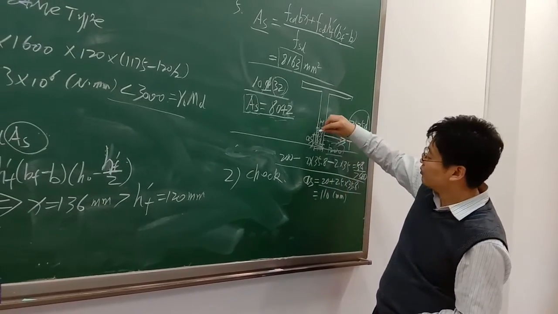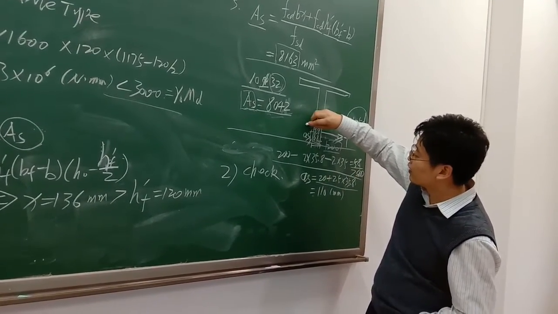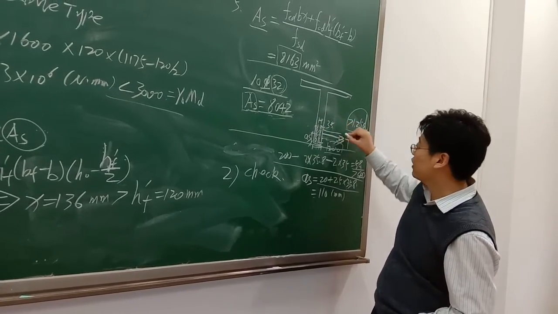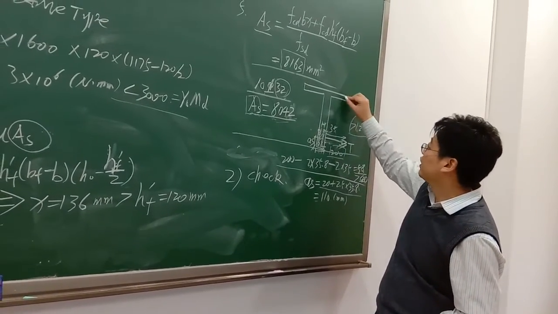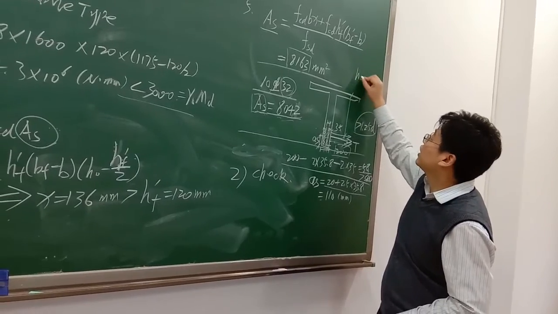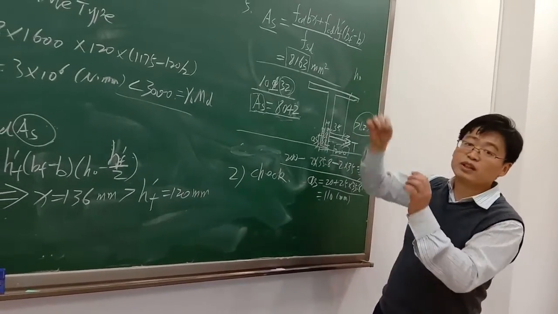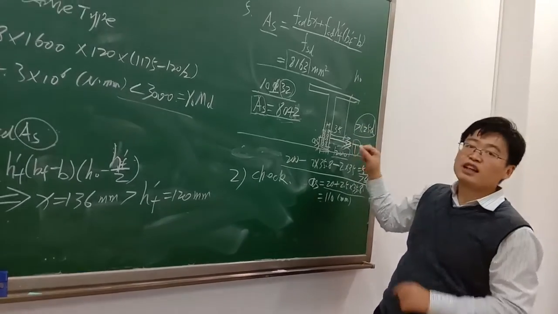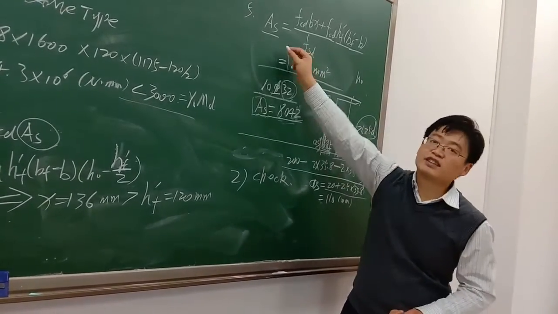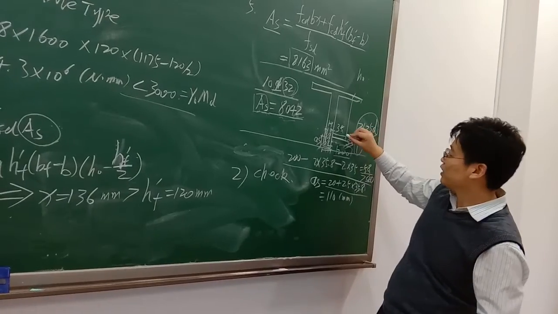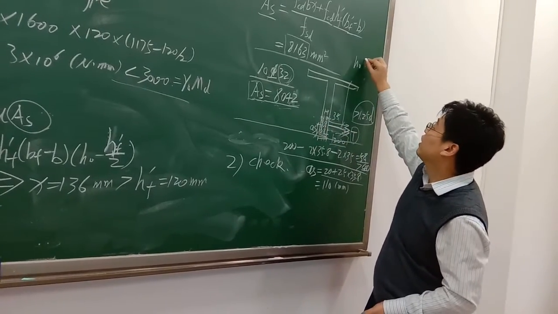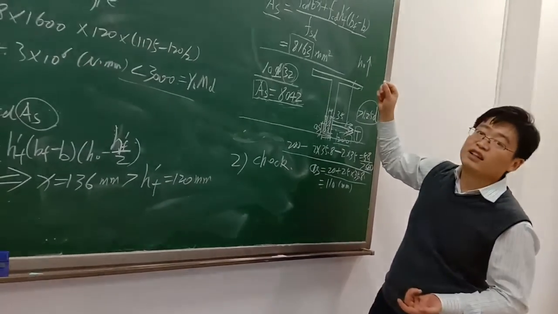The reason is here. Because we assume AS is at this position, if AS is here then H0 becomes smaller. Smaller H0, you need a larger T, and a larger T means you need a larger AS. So now you made this AS smaller, that means H0 becomes larger.